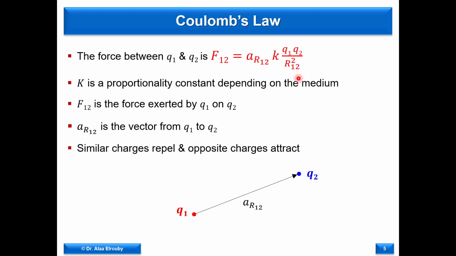If the two charges are the same, it will repel, so the force on Q2 will be away from 1, in the direction of a_R12. If they are of opposite sign, Q1 Q2 will have a negative sign. If they are both negative, it will be plus, so it is a repel. If both are positive, it will be plus, so it's a repel. If one is positive and one is negative, there will be a negative sign, and the force will be attraction.